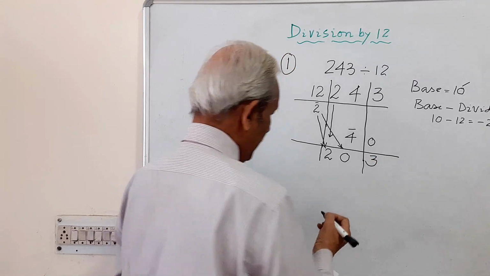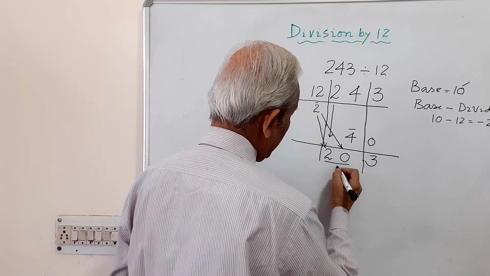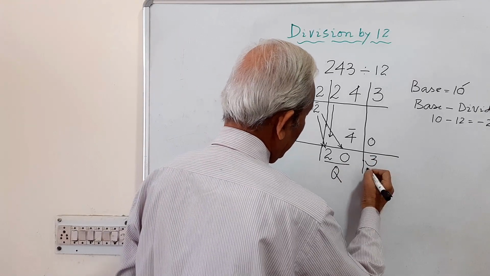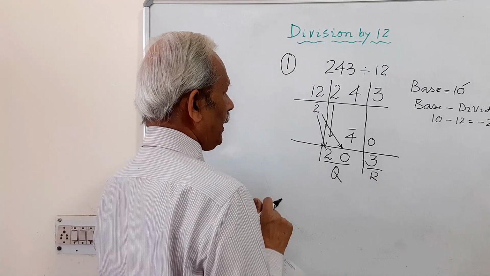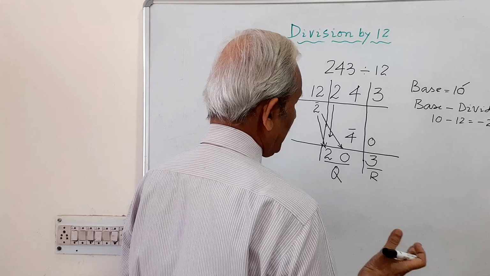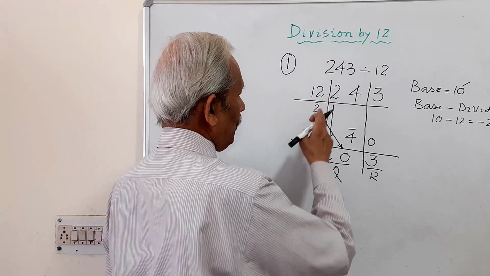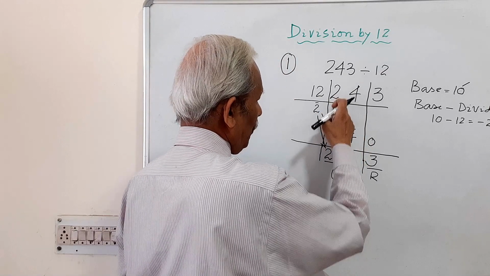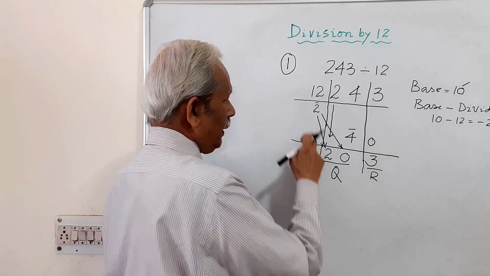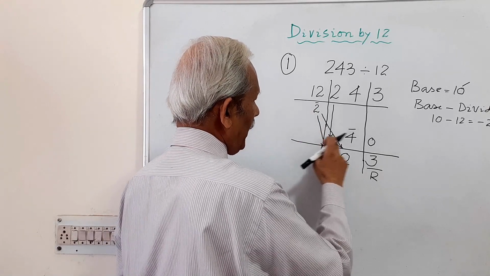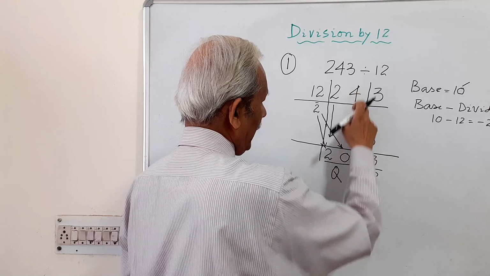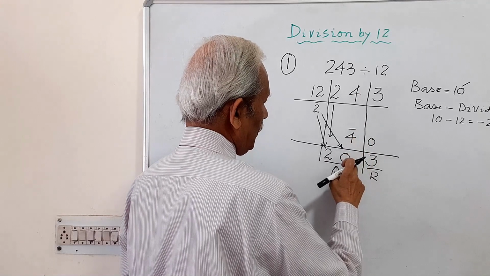Now 20 is the quotient and 3 is the remainder. Very simple. We have done no multiplication, nothing of that sort. Once again, put down 2 below as it is. Multiply this difference 2 into 2 bar, and write down 4 bar here. Add this 2: 4 plus 4 bar is 0.